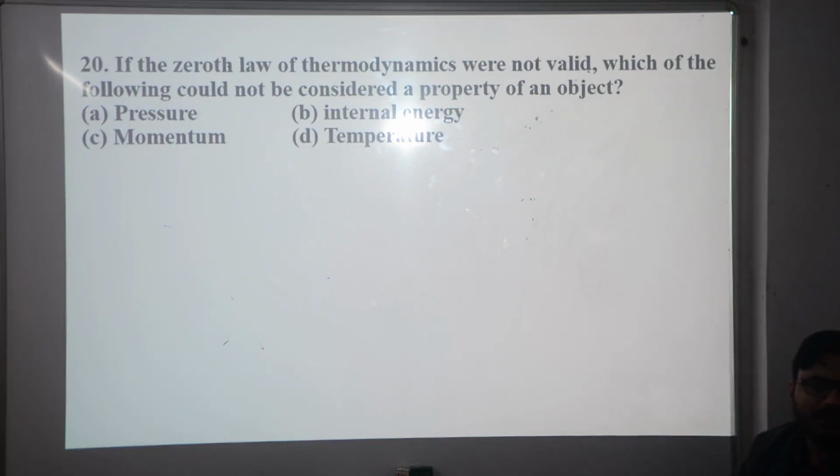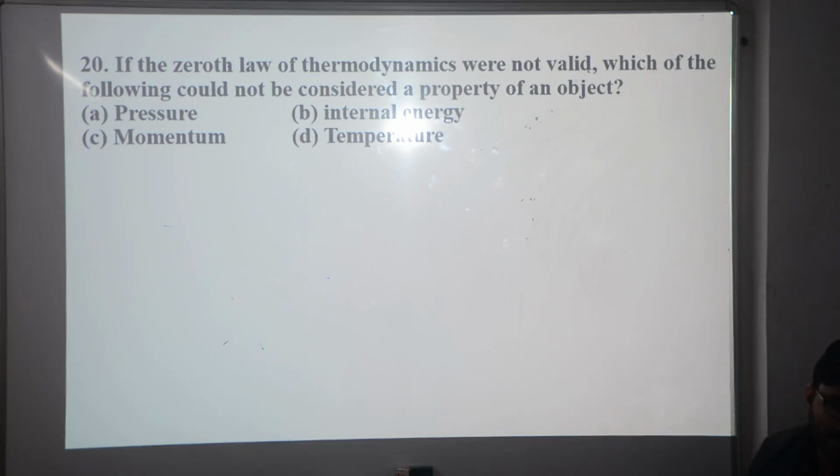If the zeroth law of thermodynamics were not valid, which of the following could be considered as a property of the object? Okay. If the zeroth law of thermodynamics was not valid, means it's not necessarily that A having thermal equilibrium with B and B having thermal equilibrium with C implies A having thermal equilibrium with C. ঠিক কি বলছে?